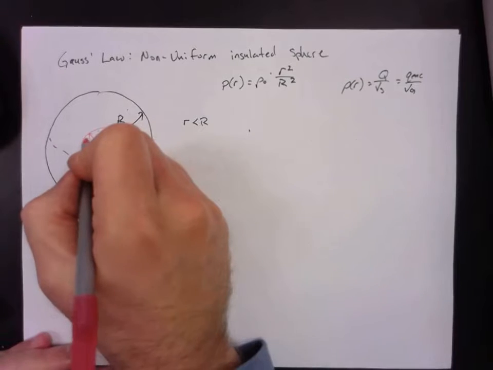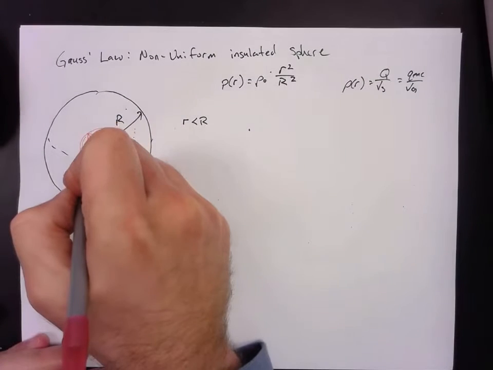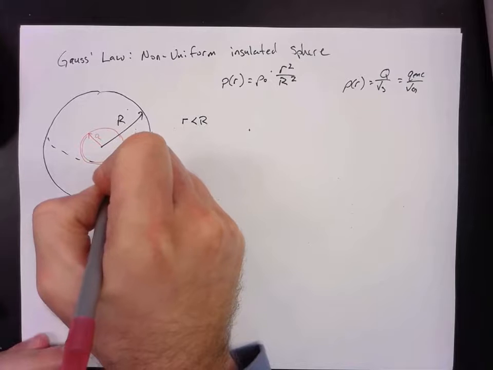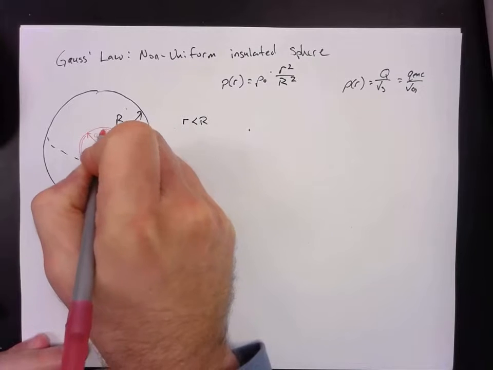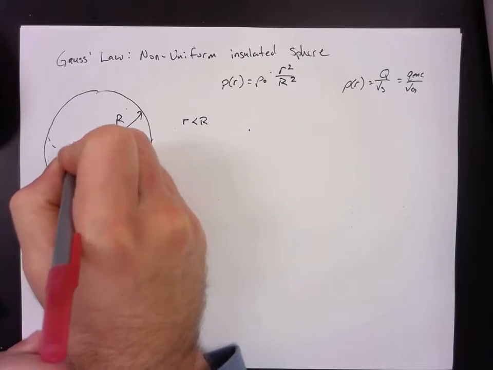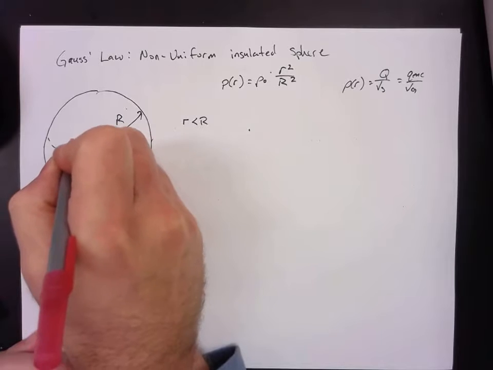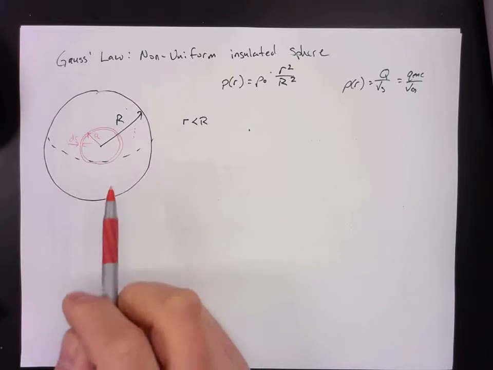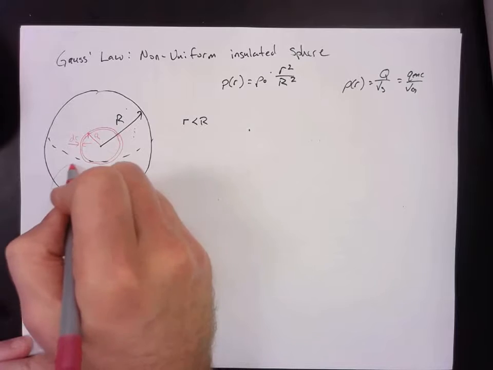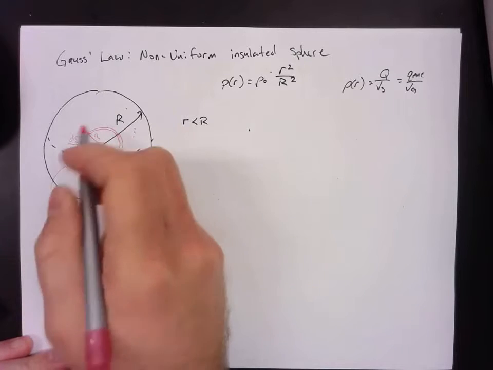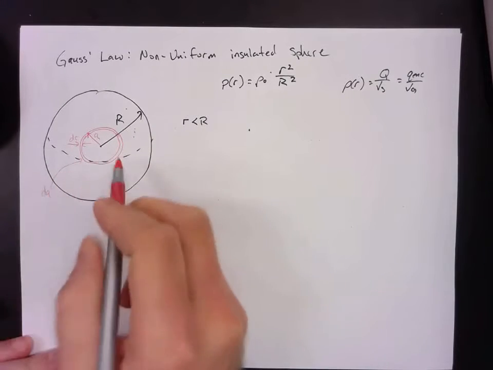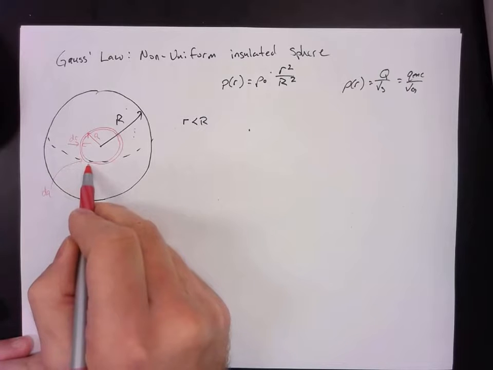Since if we took a small hollow shell that had a very small thickness dr, we're able to figure out the small amount of charge that's contained within there.